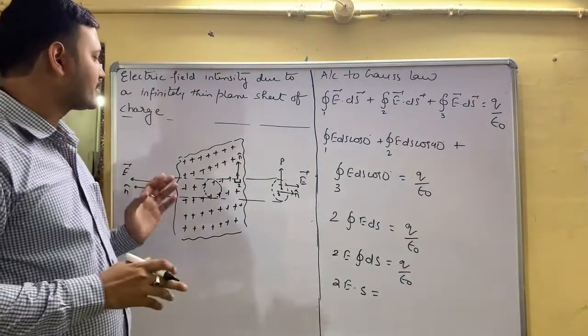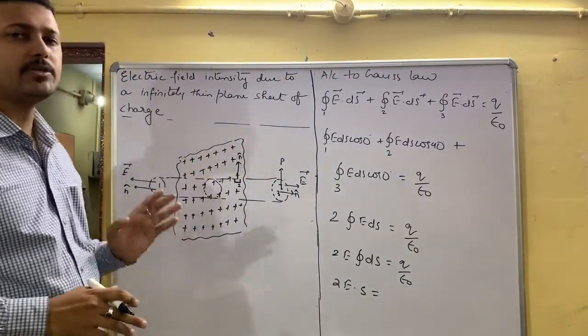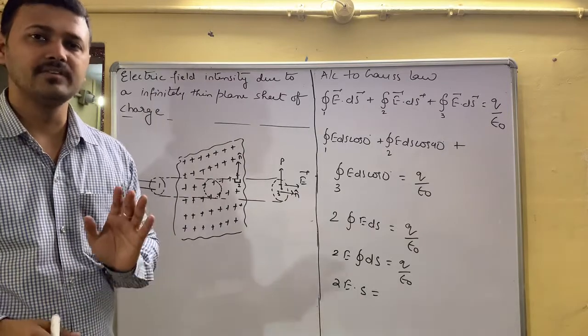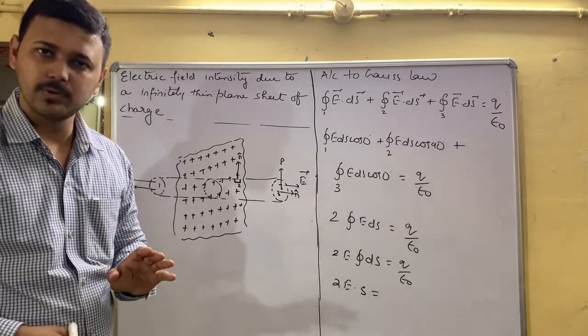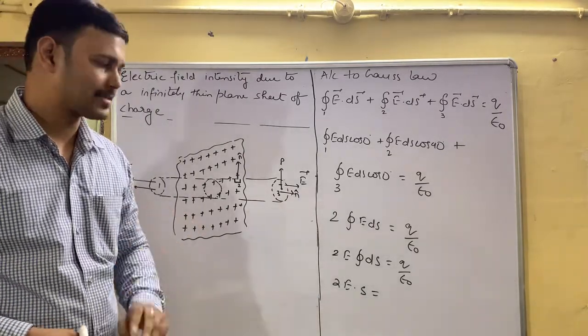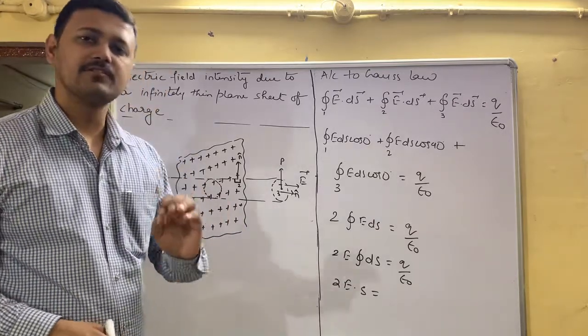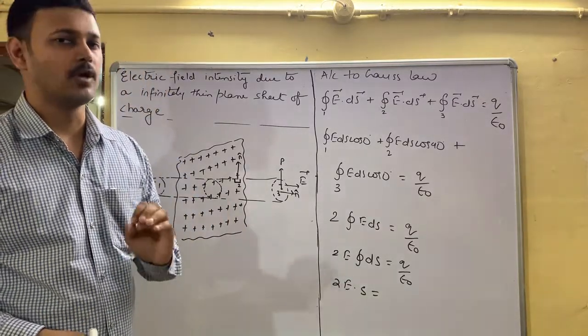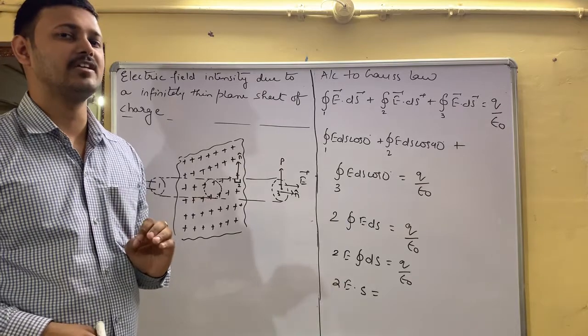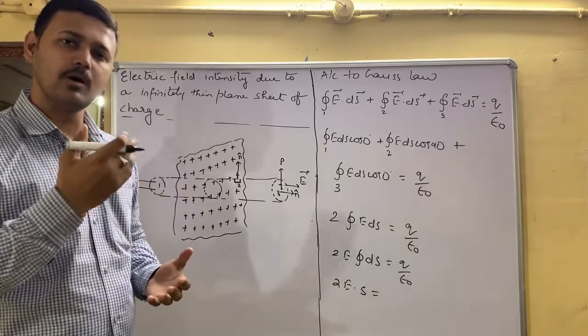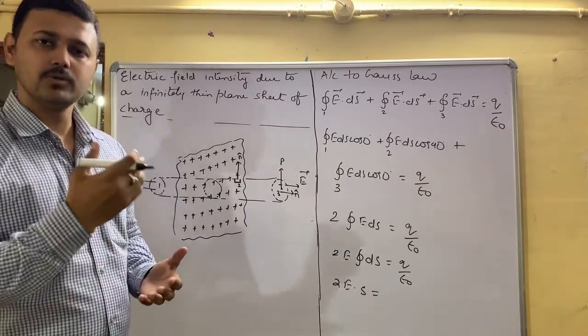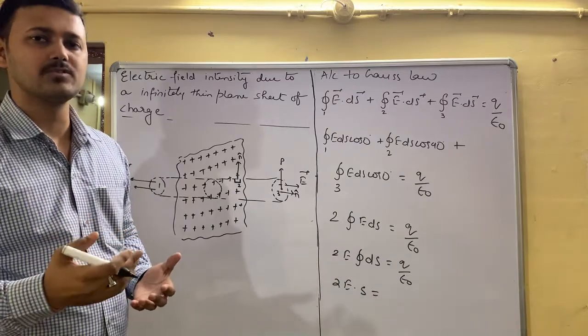Now think, since the charges are distributed uniformly, where? On the surface. Charges are distributed on the surface. Hence, we have studied surface charge density. What have we studied? Surface charge density, and this is what? Q upon surface area equals sigma.